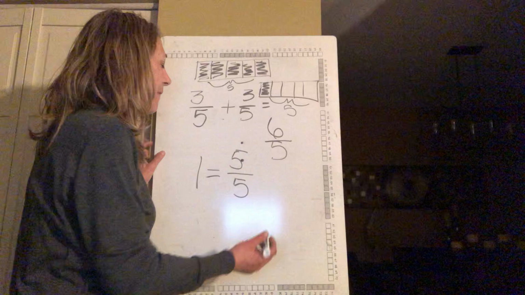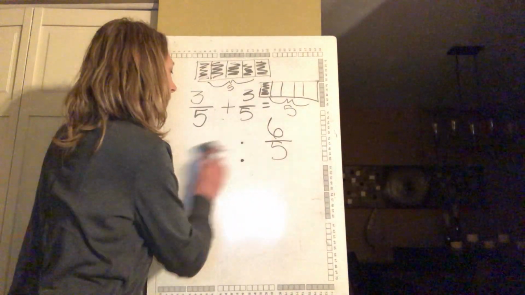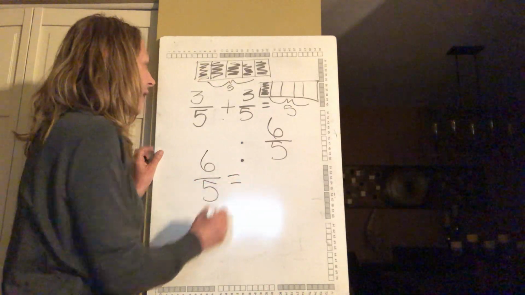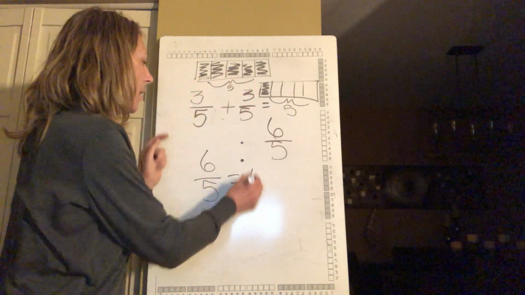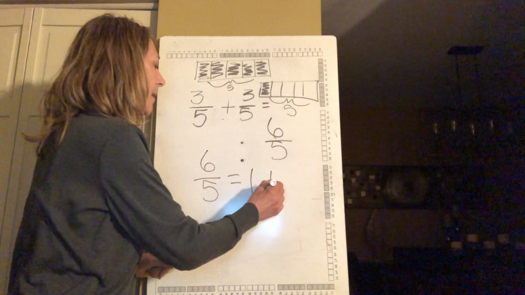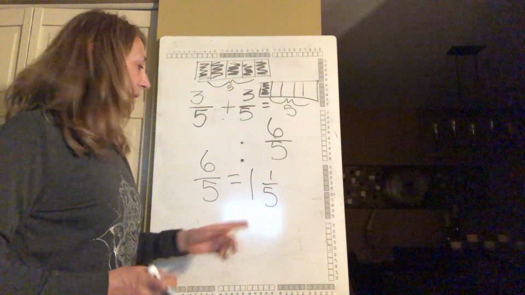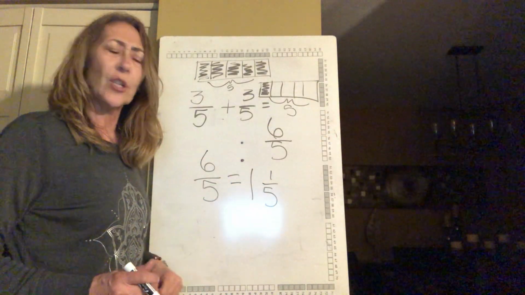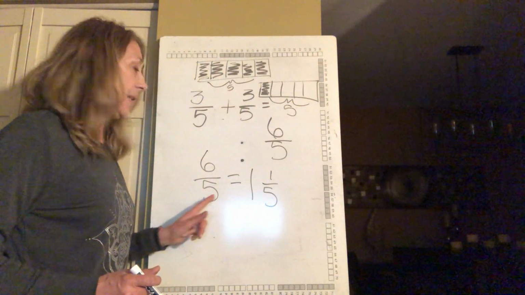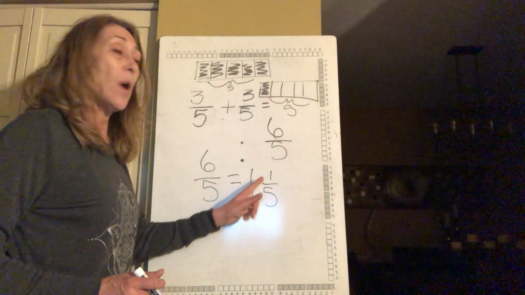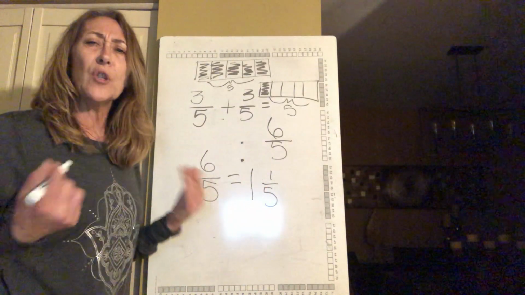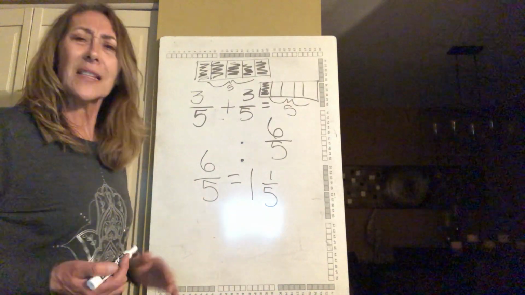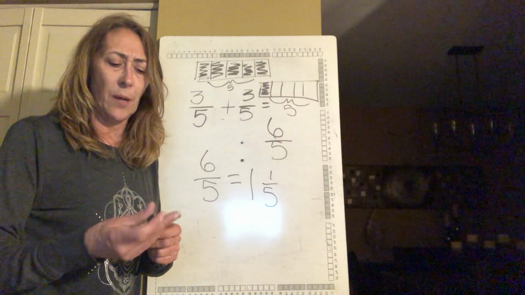So what do I have? 6 out of 5 pieces equals 1 whole and 1/5. This is called a mixed number. I have 1 whole and a fractional piece. 6/5 equals 1 and 1/5. Whenever my top numerator is bigger than my bottom denominator, that's called a fraction greater than a whole.